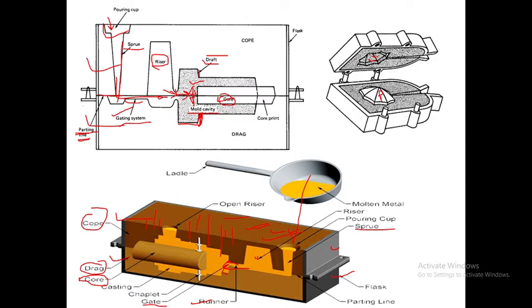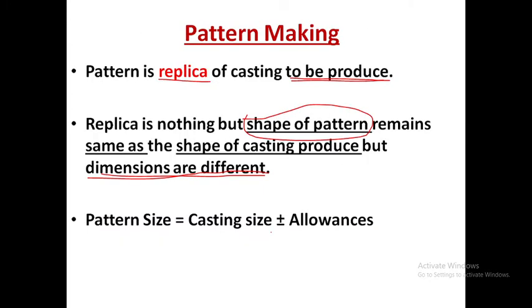Due to that, we will not get the exact shape of the required part. So for that, let us see further. Here pattern size is nothing but casting size plus or minus allowances.